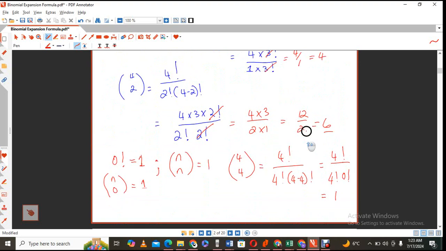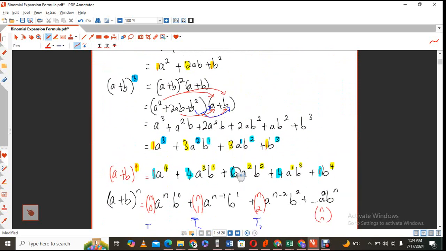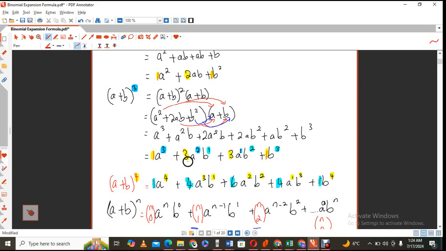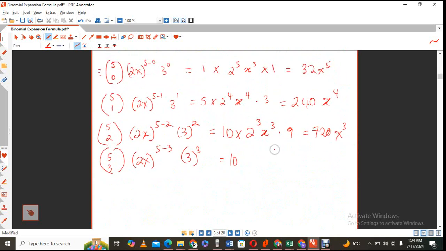What I mean is, if you have a 1, a 4, a 6, you're going to have a 4 again, followed by a 1, with the 6 in the middle. You have a 1, a 3, a 3, a 1. So it's symmetrical as you approach from either end. Anyway, that's 10, times 2 raised to the power of 2, times 3 cubed, times x squared.